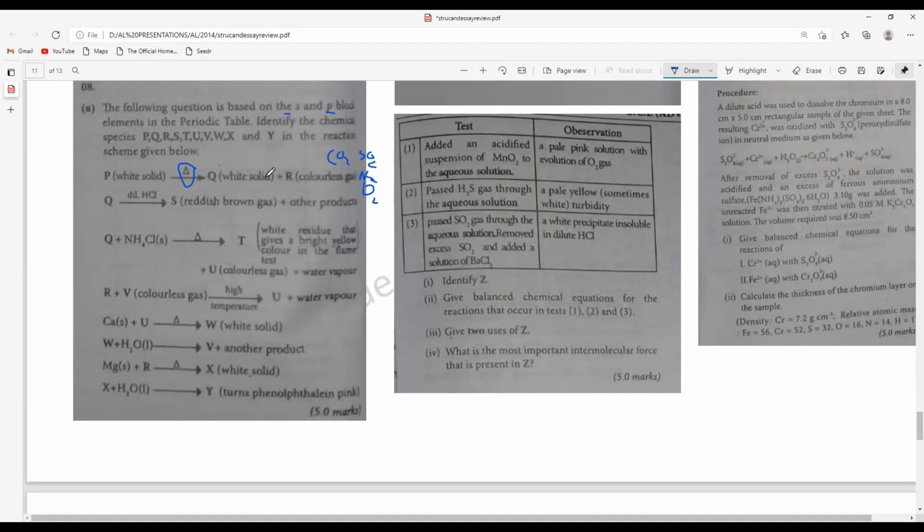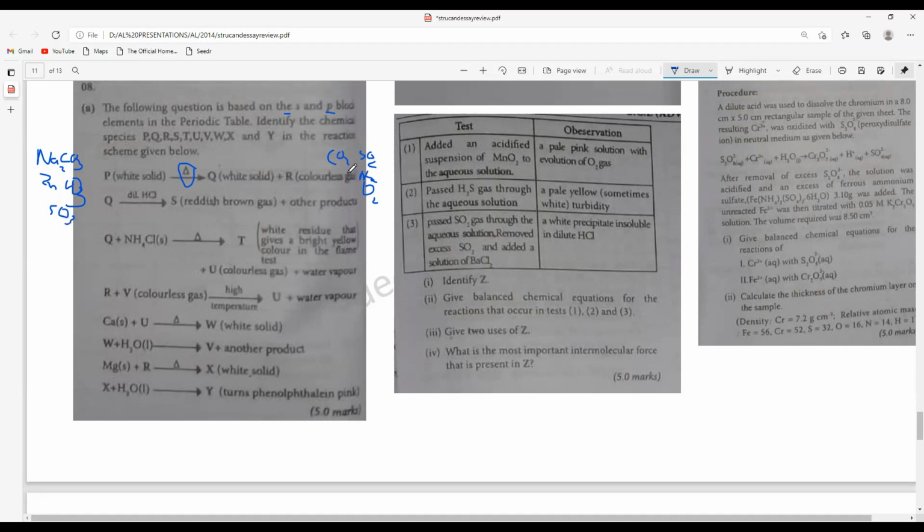So Q is a white solid. If it is carbon dioxide, this can be a salt like sodium carbonate or zinc carbonate, because all those are white in color primarily. And if it is SO2, it can be a sulfide compound.